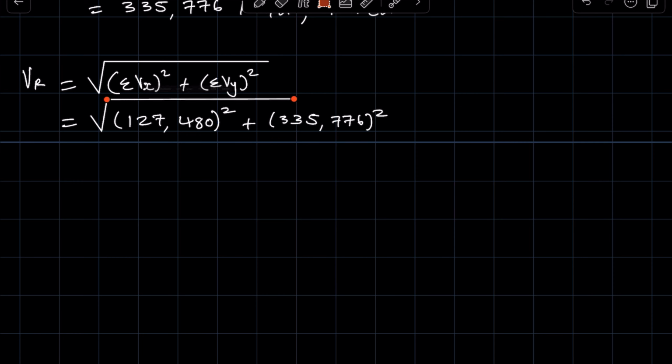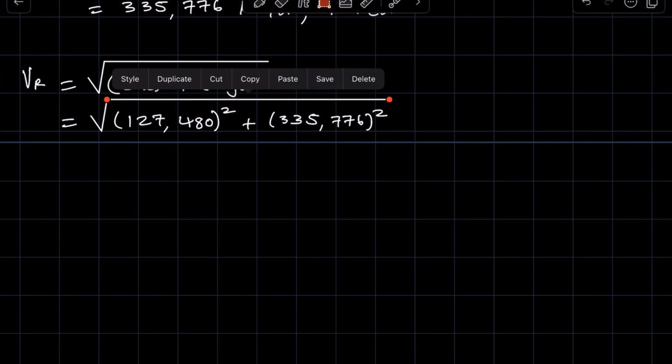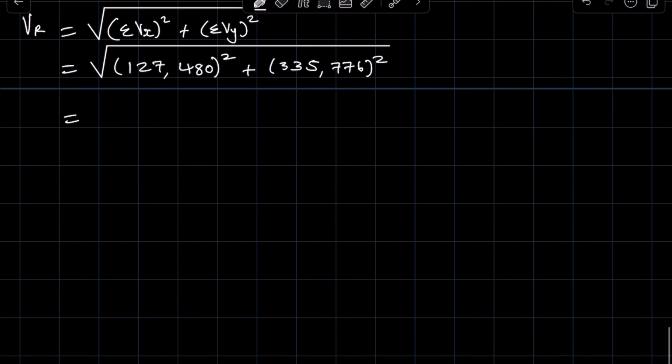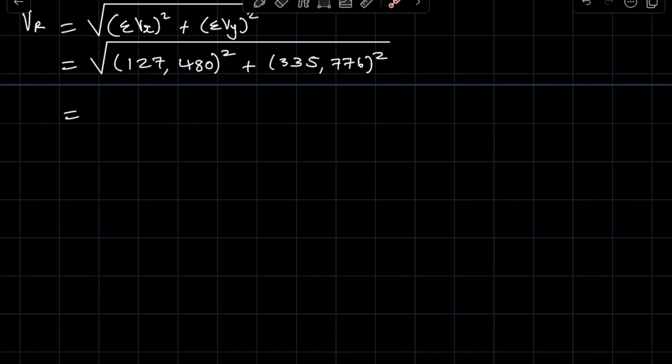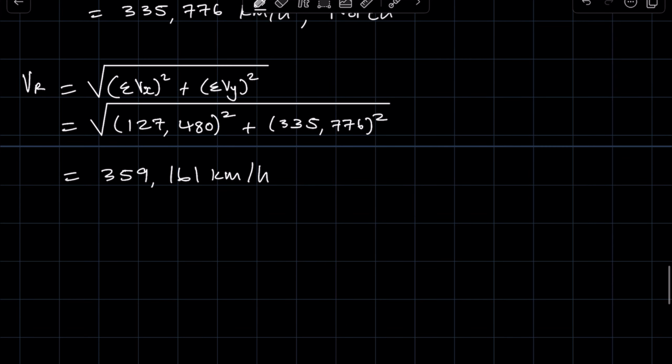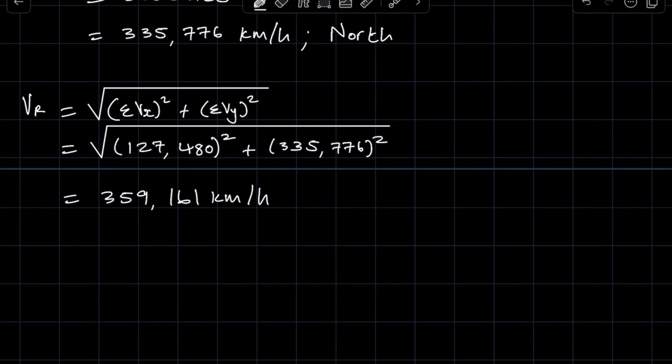Now, punching this in your calculators, the square root of all this is going to be equal to 359,161 kilometers per hour. And that becomes the magnitude of the resultant velocity.